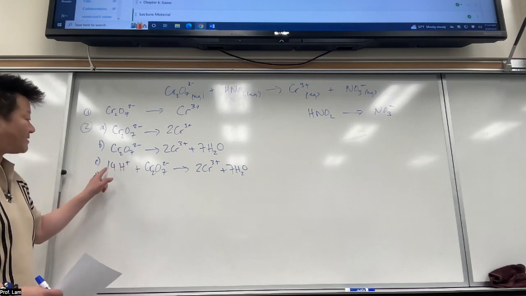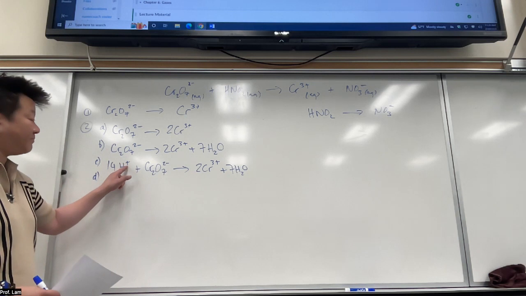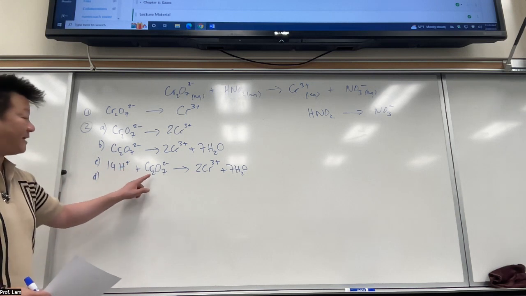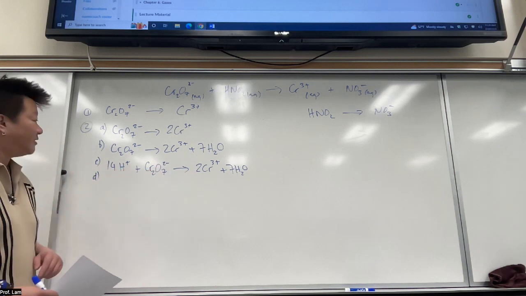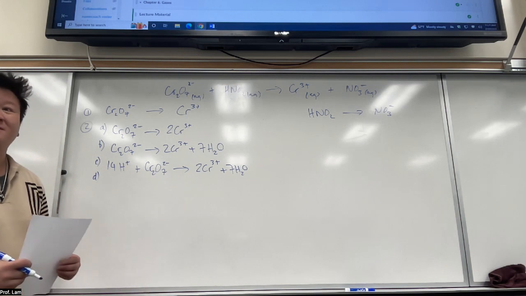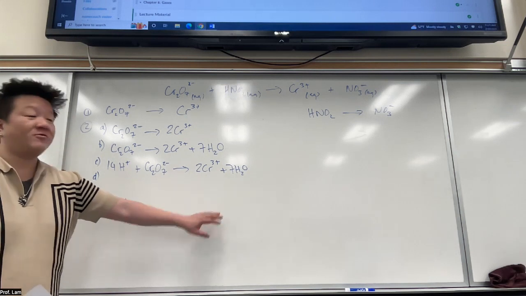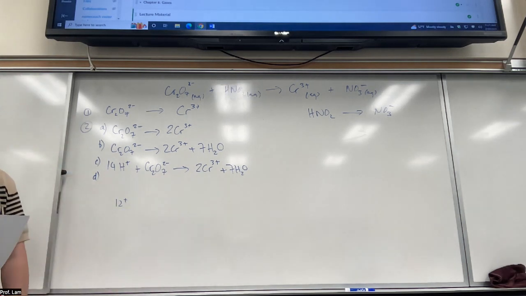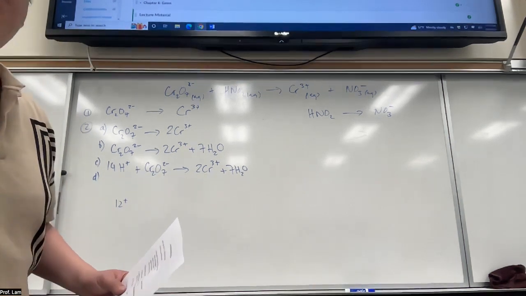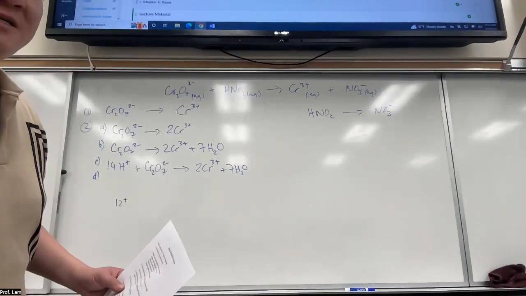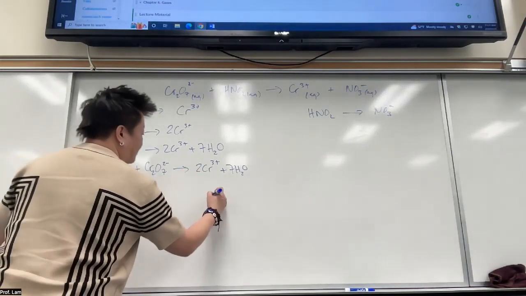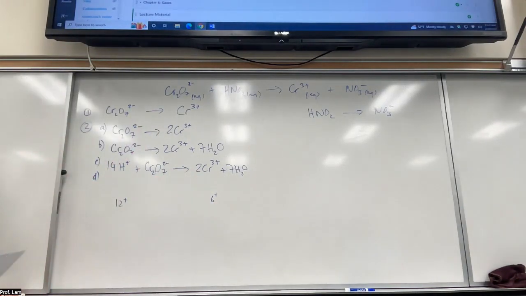We have how many pluses? 14 pluses. And how many negatives? 2. So what is the net? 12 positive. Make a little note to yourself. How about the right side? What is the net charge? 6 plus. So write a little note.